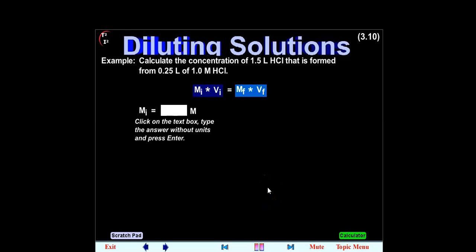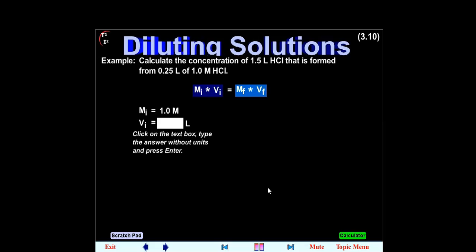Mi equals 1.0. Vi equals 0.25. Mf is to be calculated. Vf equals 1.5.